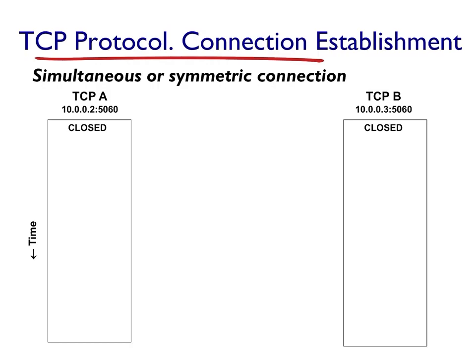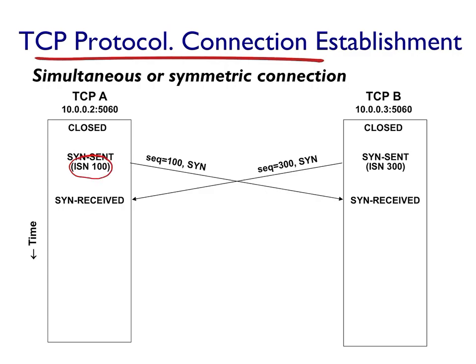So let's see an example. In this case, both A and B want to connect. So initial sequence number here 100, here 300, okay?